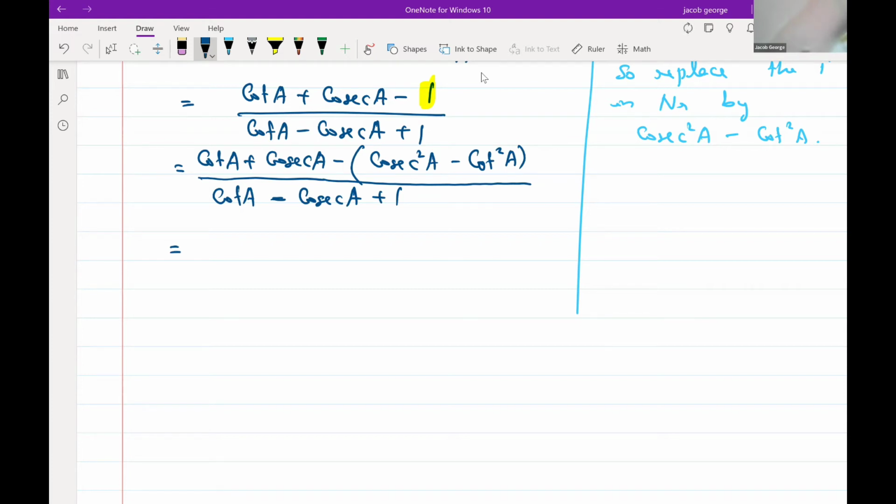Now, cosec square A minus cot square A, we can factorize. How will you factorize it? A square minus B square formula. What is that?